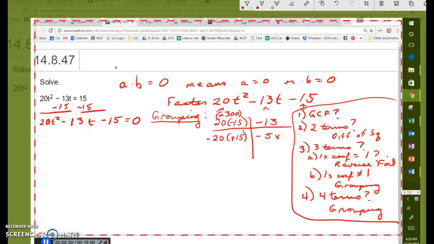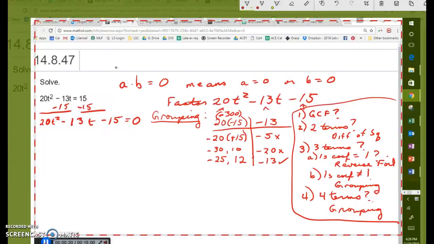So let's try negative 30 and 10, because 300 is negative 30 times 10. That gives you negative 20, so that's not going to work. But we're closer, so let's try negative 25 and 12. And negative 25 times 12 equals negative 300, and when you add them you get negative 13, which is what you're looking for.